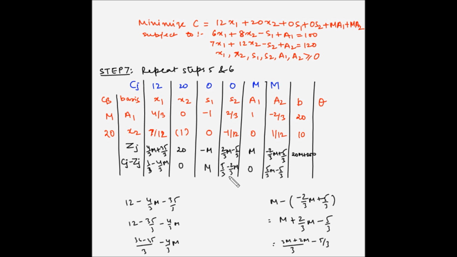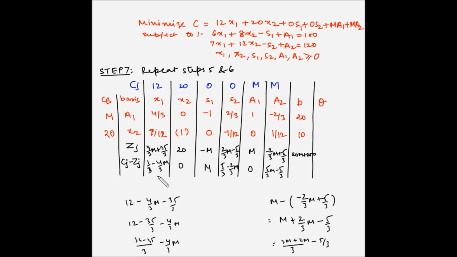Now the value for the S2 column, I would consider this also negative. The value for A2, I'll consider this positive. Now we have minus 4 by 3m and minus 2 by 3m. So minus 4 by 3m appears to be more negative than minus 2 by 3m because m is a huge number and 4 by 3 is greater than 1, whereas 2 by 3 is less than 1.